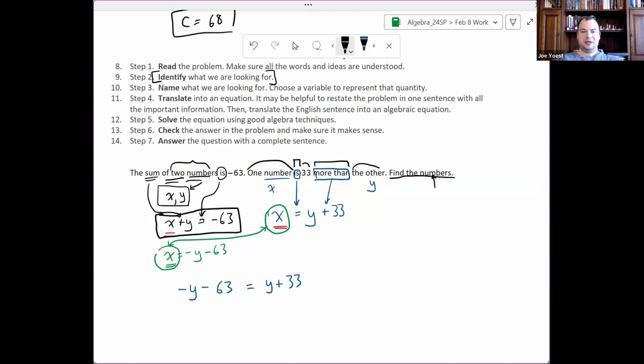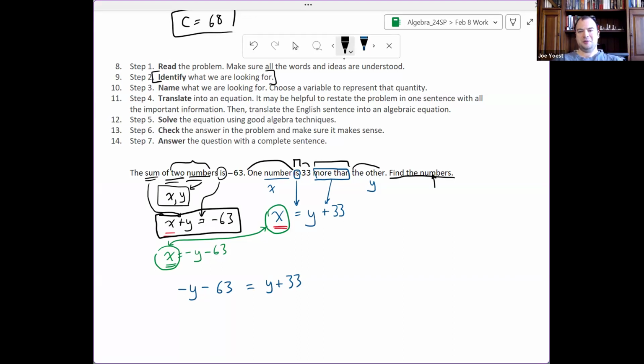So I chose to call my one number X equals 33 more than the other. I wrote this as Y plus 33 because I think that makes a little more sense. If I said 33 less than the other, I'd want Y minus 33. So I'm keeping that same context. In other words, if I have $33 more than this other person, I have what they have plus 33.